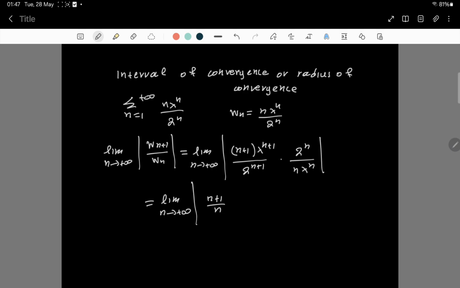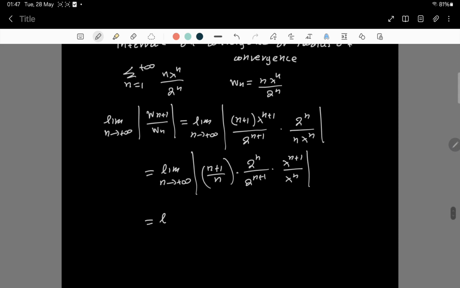That is (n plus 1) over n times 2 to the power of n divided by 2 to the power of n plus 1, times x to the power of n plus 1 over x to the power of n. We need to do a little bit of algebra here: 1 plus 1 over n, 2 to the power of n over 2 to the power of n times 2, times x to the power of n times x over x to the power of n.